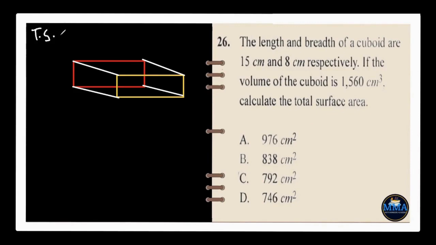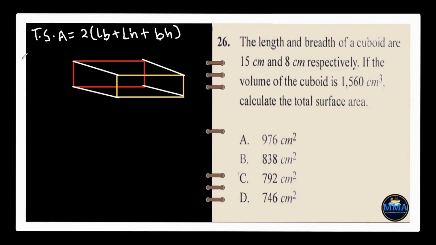The total surface area of a cuboid is given as 2 into length times breadth plus length times height plus breadth times height. Now, let's go and mark what we have here.